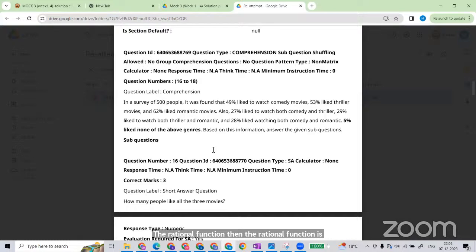In all the 4 options, it is written where it is discontinuous. So every rational function is continuous in its domain. That is what I think, sir.